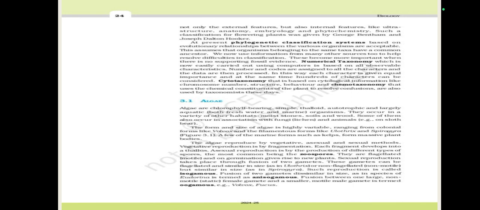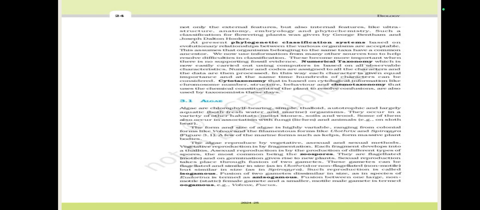Asexual reproduction is by the production of different types of spores, the most common being the zoospores. They are flagellated, motile, and on germination give rise to new plants. Sexual reproduction takes place through fusion of two gametes.